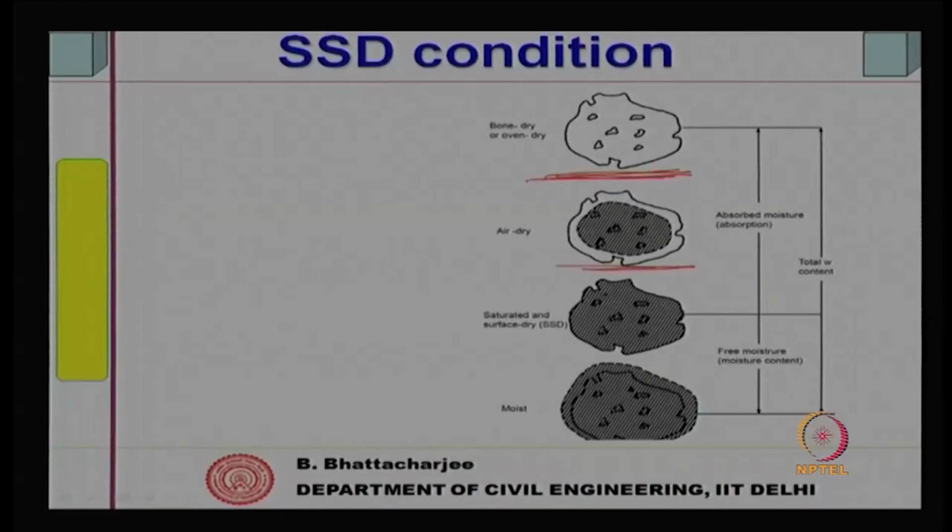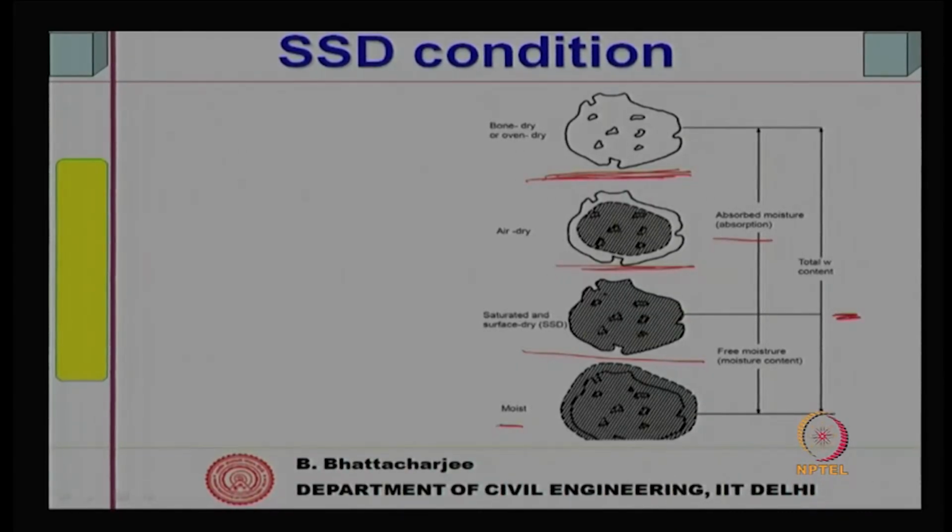If you come to this, this is air dry, that means the surface has dried out fully up to a certain depth, but moisture is still inside. If it is saturated surface dry condition, there is moisture inside all through, but on the surface there is no moisture, and beyond that, outside you will have a layer of water. So, this is our standard condition, right.